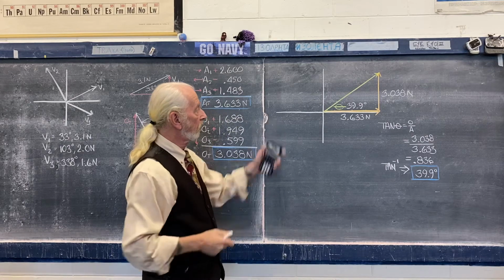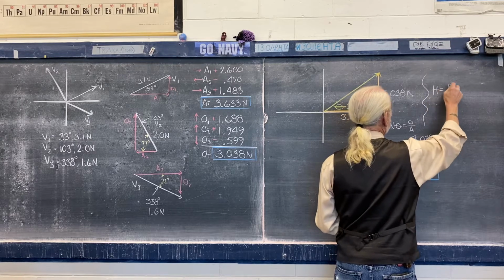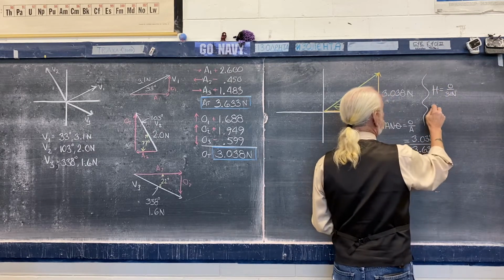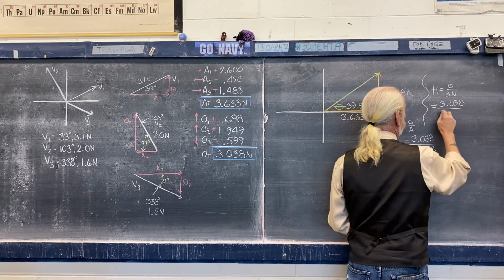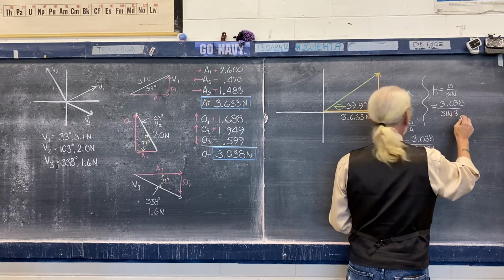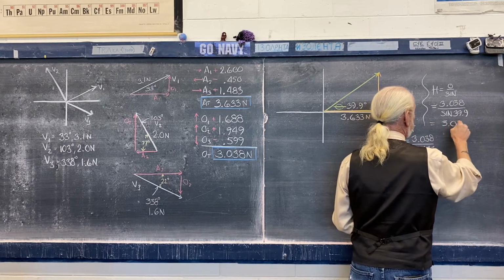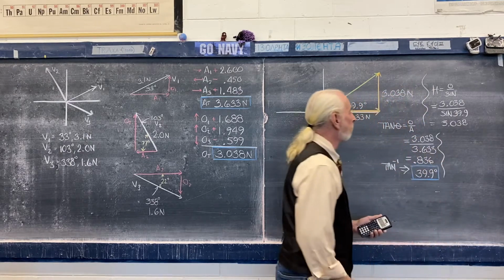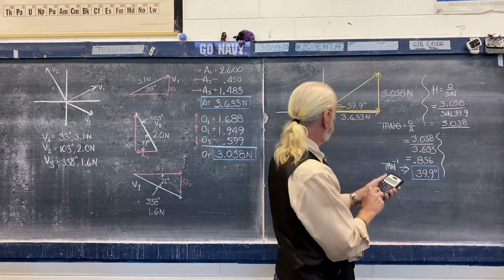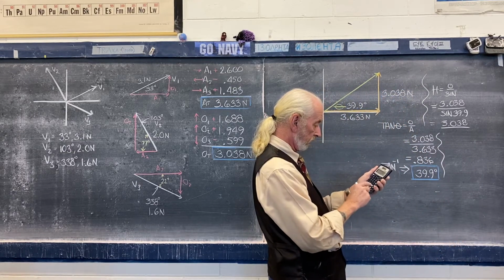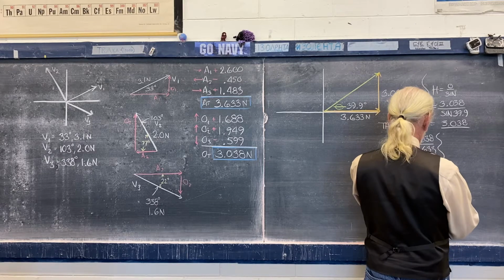Now, we need to figure out the hypotenuse. Hypotenuse is going to equal the opposite over the sine of the angle, which is going to equal 3.038 over the sine of 39.9. Sine 39.9, let's double check that.